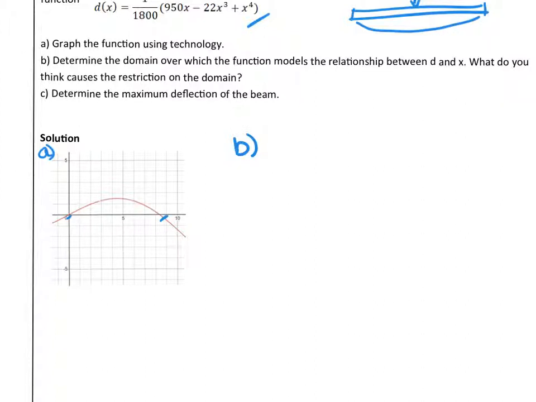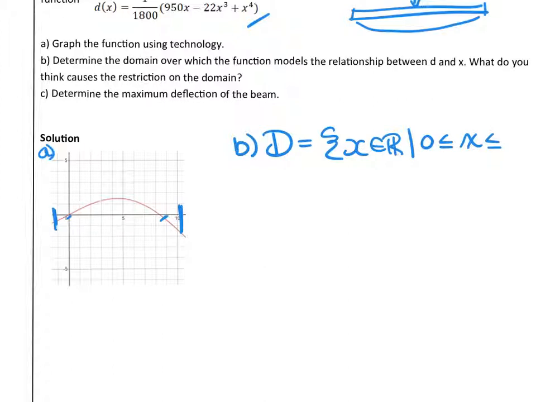That takes away all of the negative parts, which is why I only showed you from here to here, but we can actually make it smaller. The domain is x is in the set of real numbers, but it has to be between 0 and the biggest number, which is about 8.5.